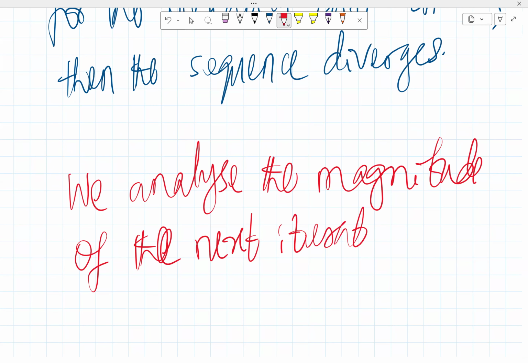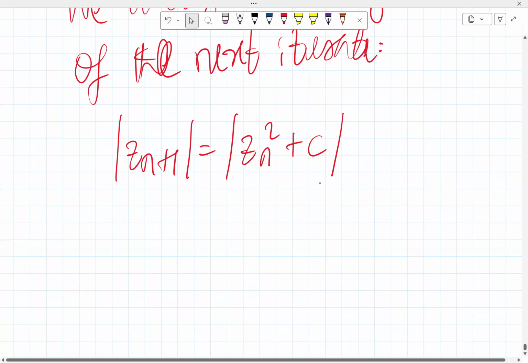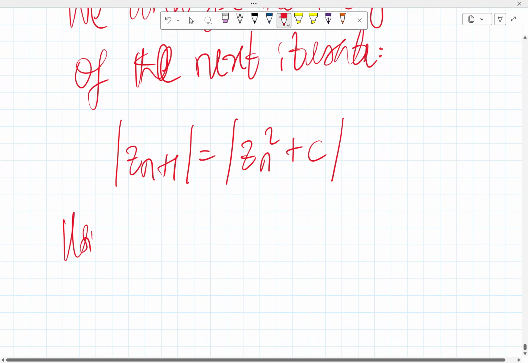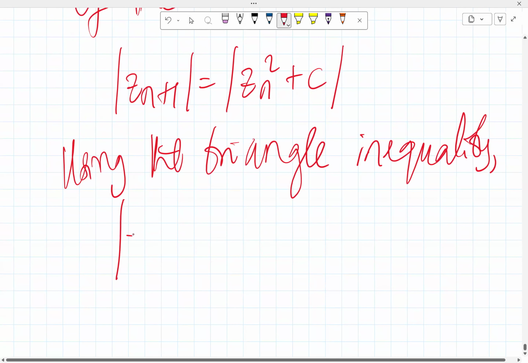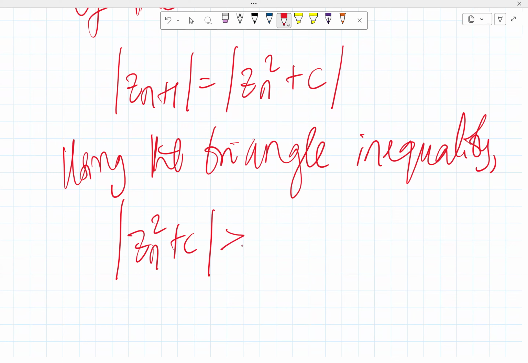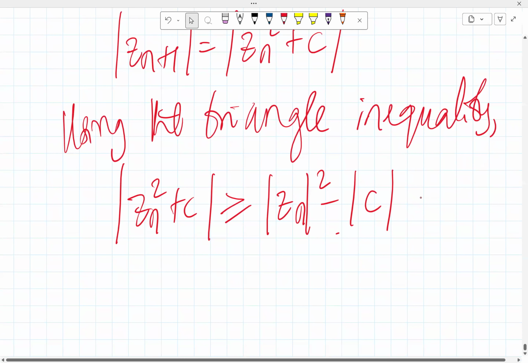So that means we have Zn plus 1 equals Zn squared plus C. Using the triangle inequality, we have that the absolute value of Zn squared plus C will be greater than or equal to the absolute value of Zn all squared minus the absolute value of C. Because Zn squared plus C will have to be greater than when we subtract C from it.